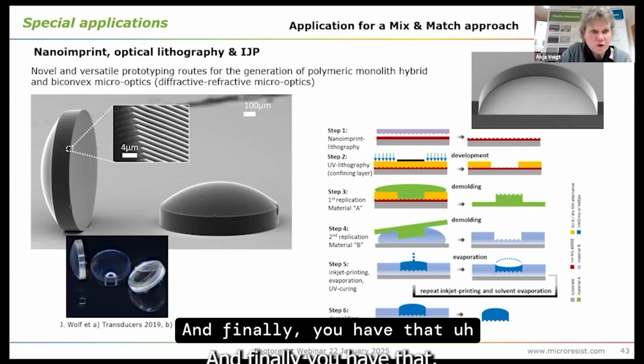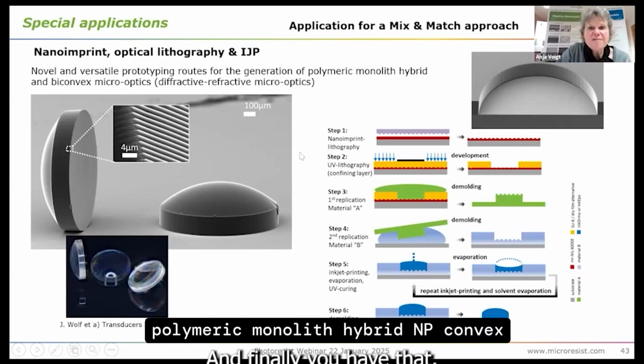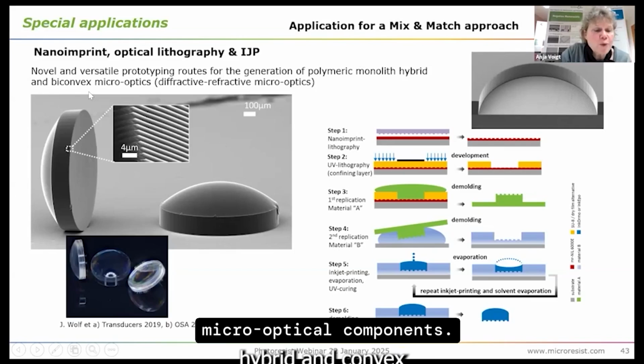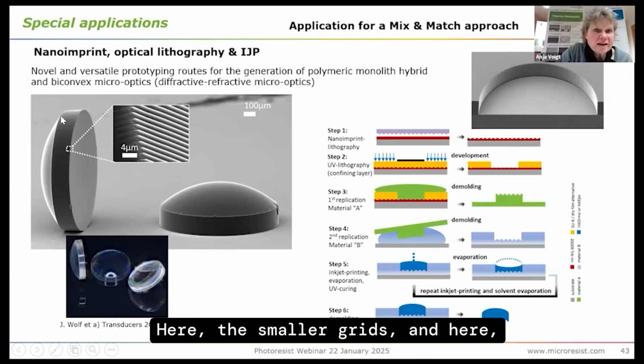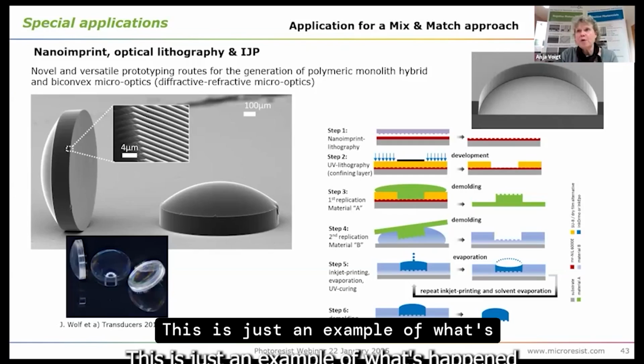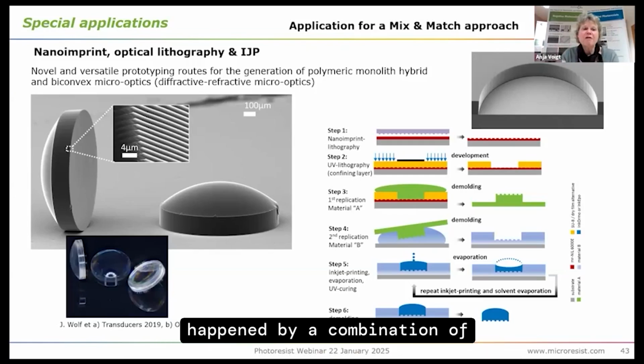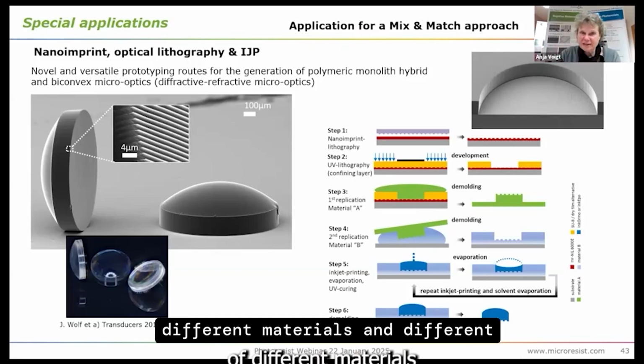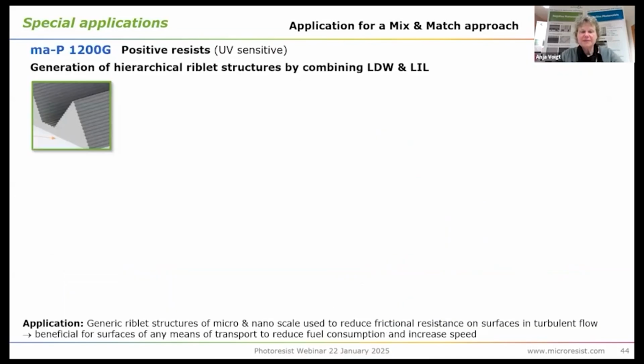And finally, you have that polymeric monolithic hybrid and biconvex micro-optical component, having here the smaller grids and here the large lens shape pattern. This is just an example of what happens by combining different materials and different techniques.